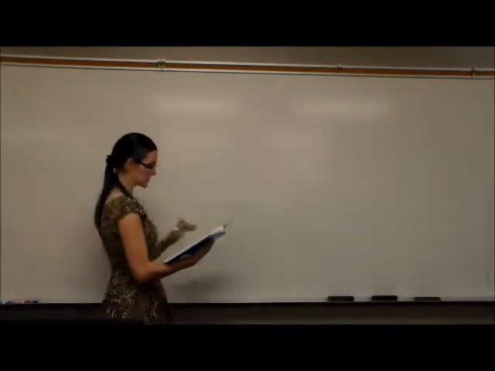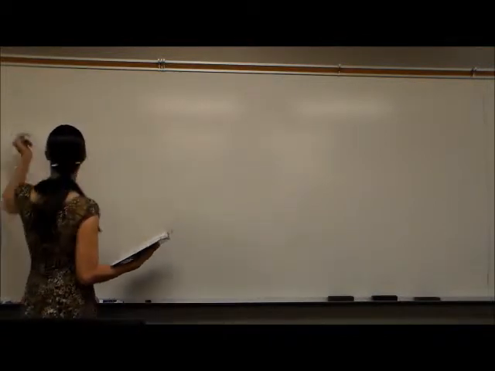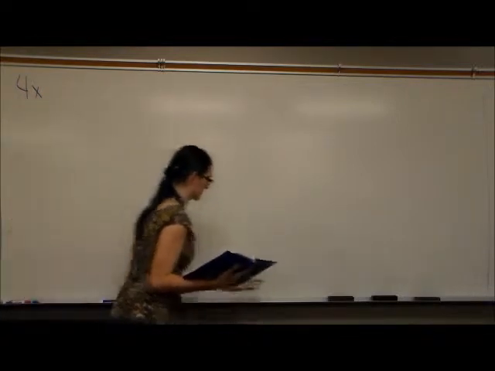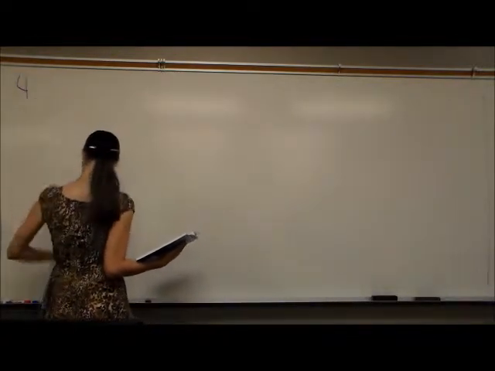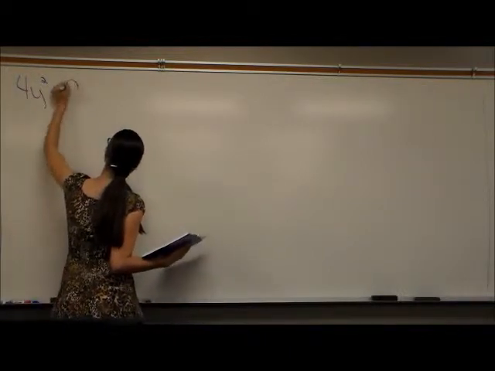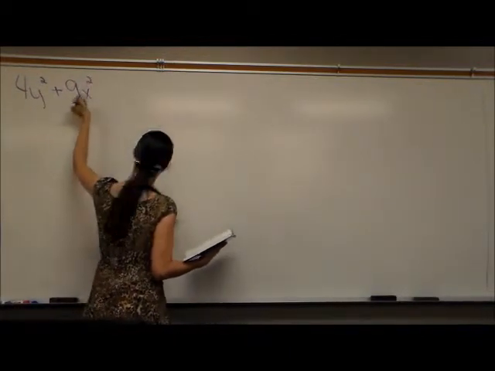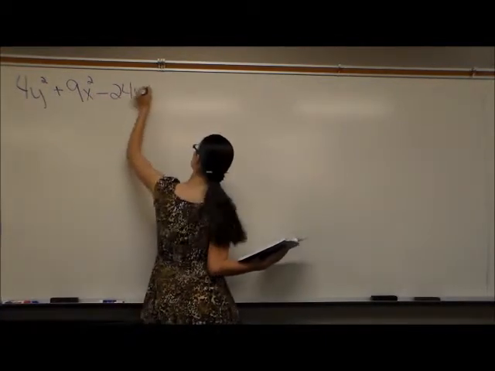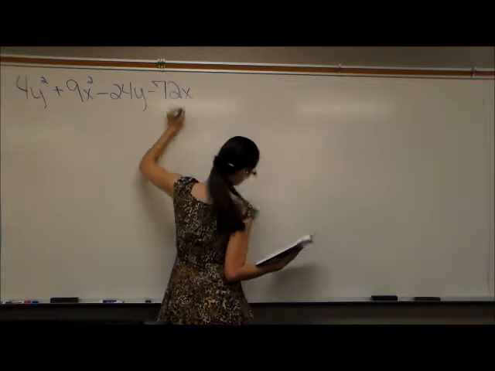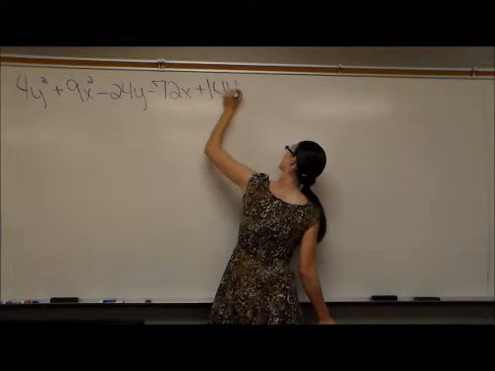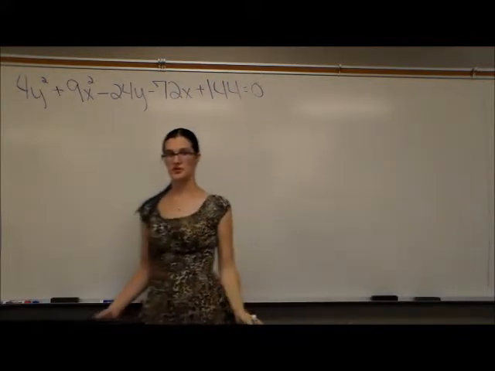All right, and your last example, example 5 on page 126, reduce to the standard form of the equation. So we have 4y squared plus 9x squared minus 24y minus 72x plus 144 equals 0.